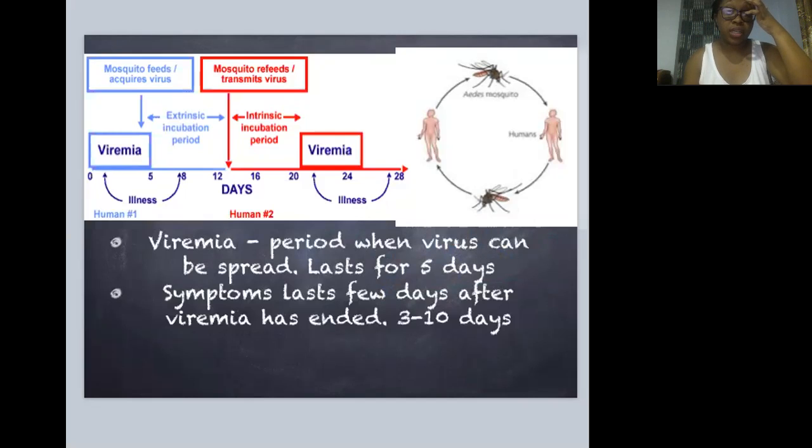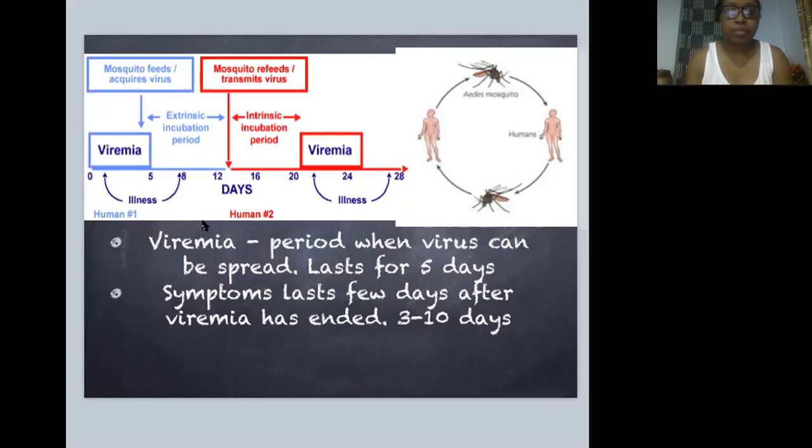Now, this is just a little schematic showing the period of the transmission of the disease. So it starts with the mosquito, and then the infected human proliferates the virus within its blood.